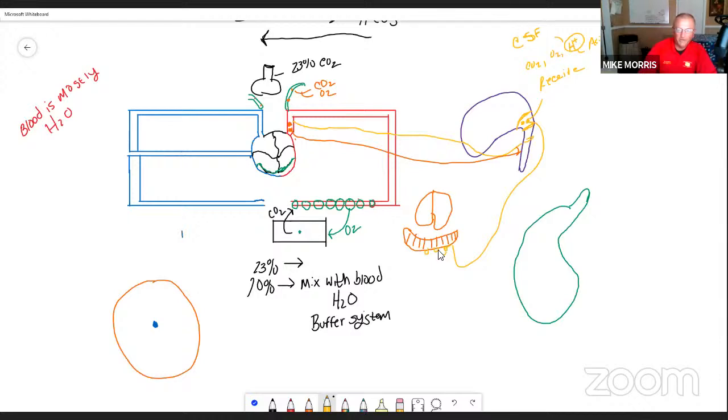And the message in an acidotic state would be to contract deep, contract fast. So let's start pushing more. As much of this 23% of CO2, let's start pushing as much of that stuff as we can out.